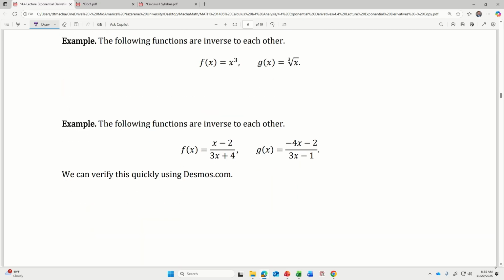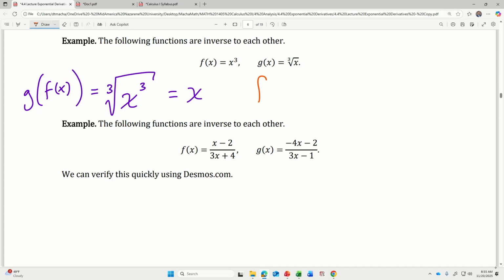The following functions are inverse to each other, right? Because if I were to take x cubed and then take the cube root, I've composed g composed with f, and I get back the identity function.